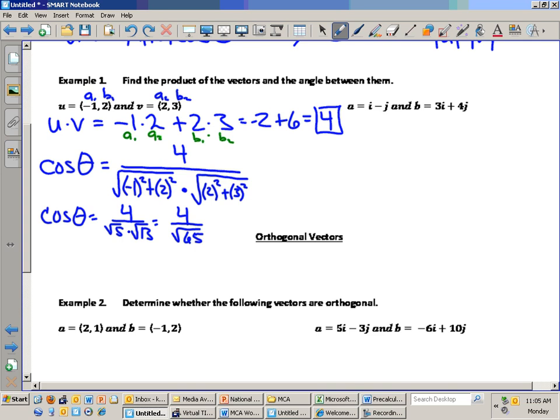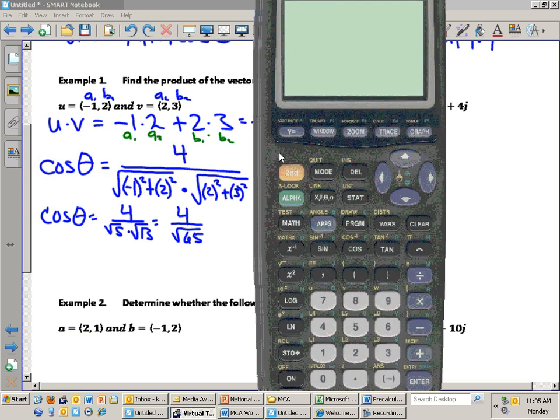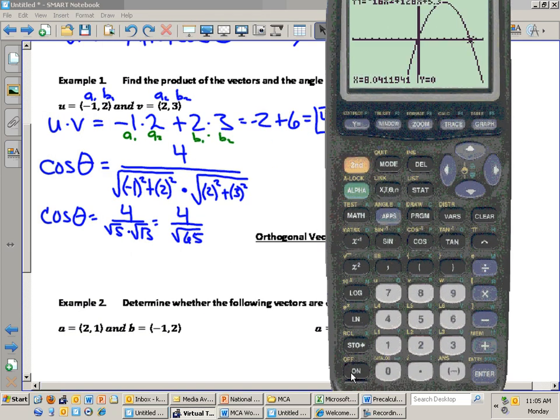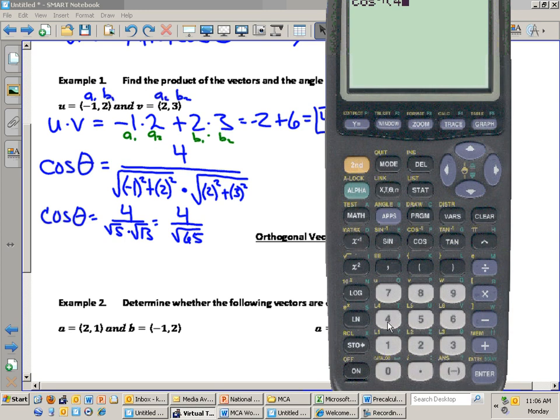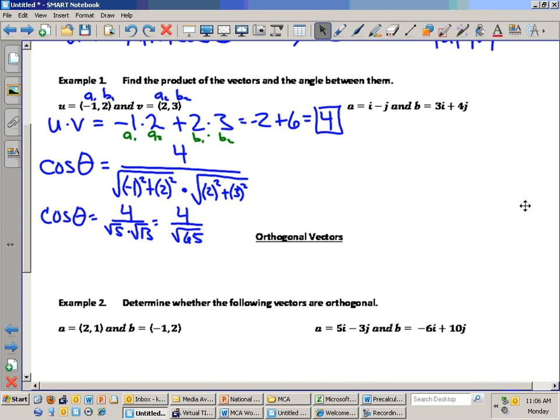Inverse cosine. So I take out my calculator. Cosine inverse of 4 divided by square root of 65 and enter, 60.26. Piece of cake. Any questions how I got that?